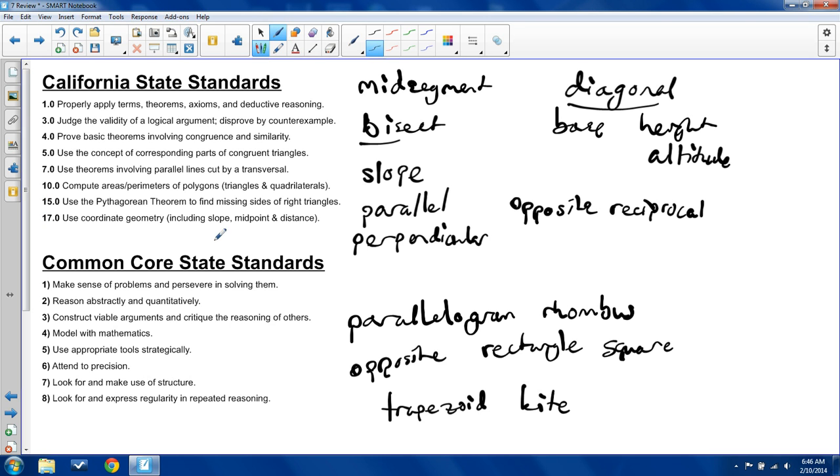Coordinate geometry, because we talk about slope. Okay. Now distance is straightforward, just the distance between two points, and when they're diagonal, you can't actually just count; you have to use math. Let's see, what other terms have we used? Let me see if this book has anything.